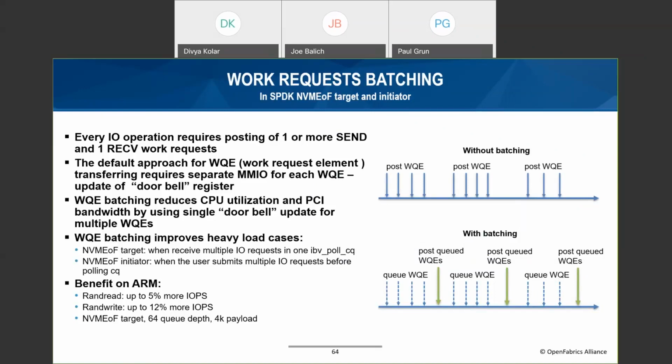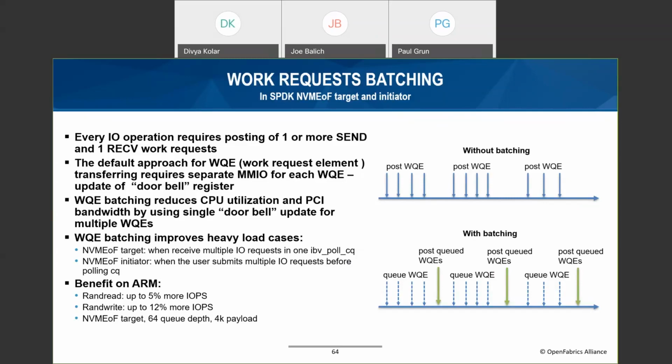The idea of this optimization is to batch posting of work requests. Instead of posting individual work requests, we put them in a queue, and the queued work requests are posted together on a periodic basis inside a special function which polls the completion queue. This allows us to reduce the number of doorbell register updates and the number of PCI transactions.